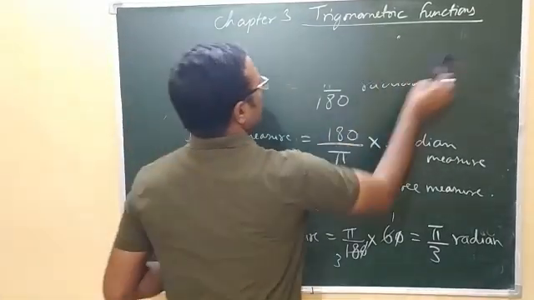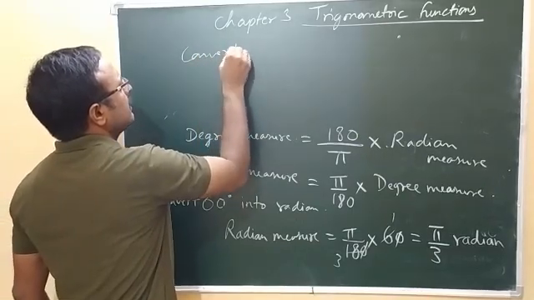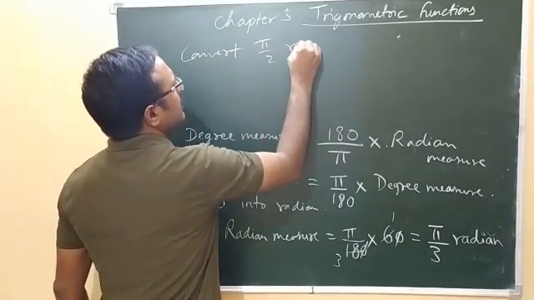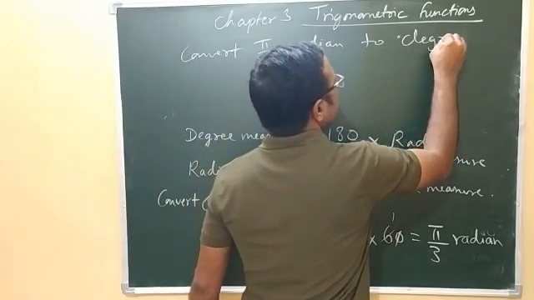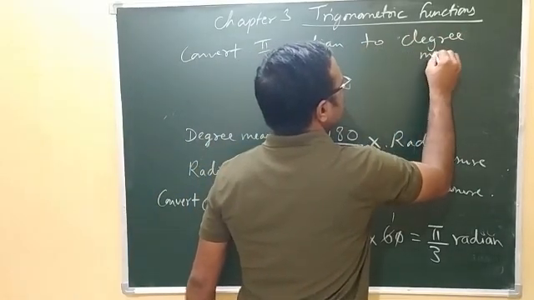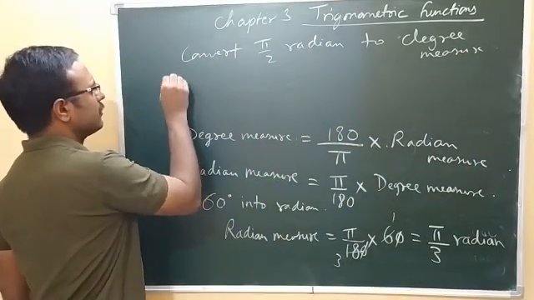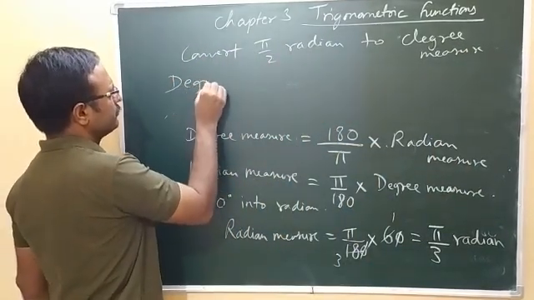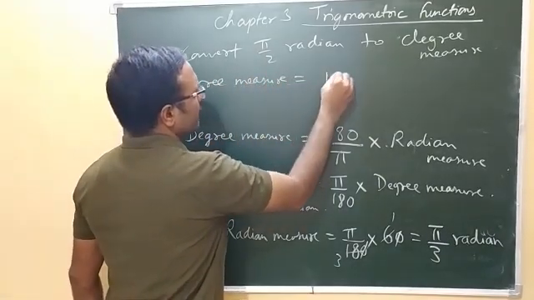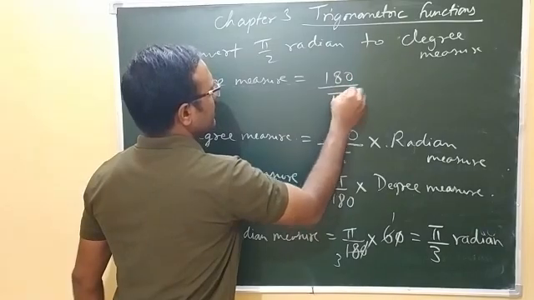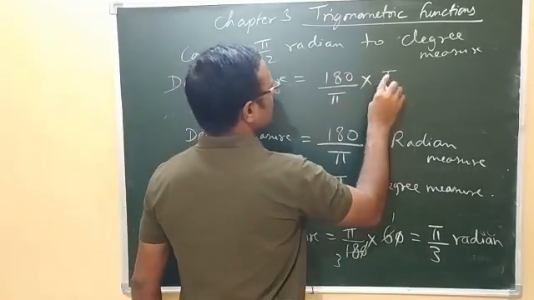Suppose you are given pi by 2 radian and convert into degree. Convert pi by 2 radian to degree measure. So what will be the formula? So degree measure is equal to 180 upon pi into whatever radian measure is given, pi by 2 is given.